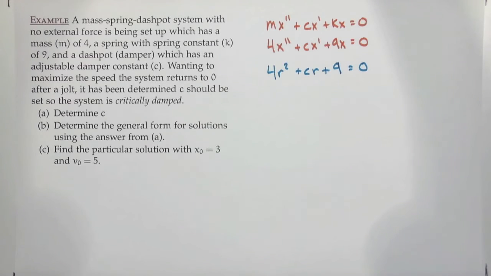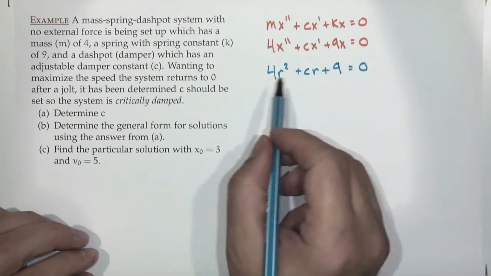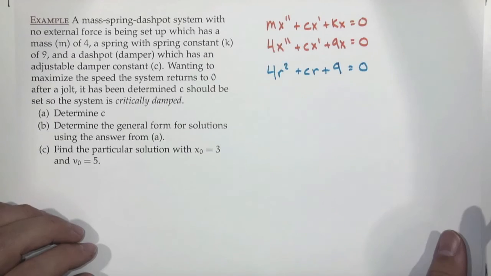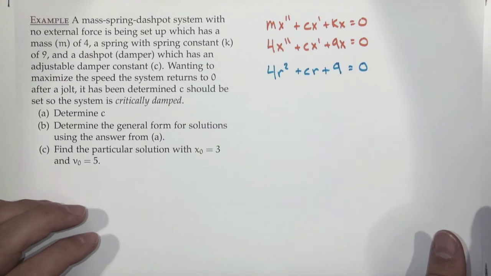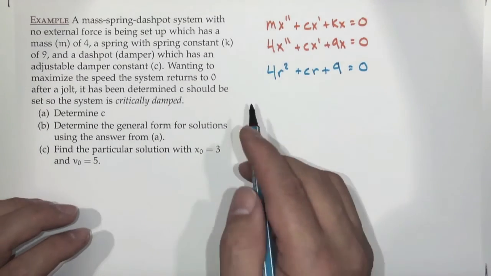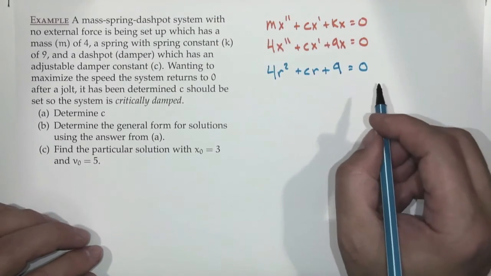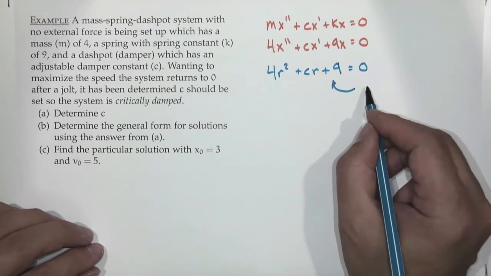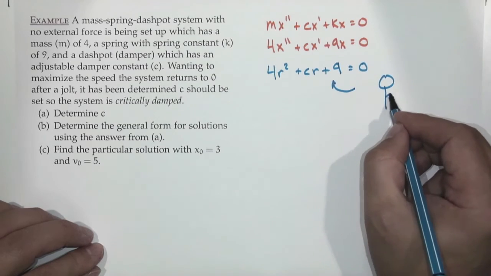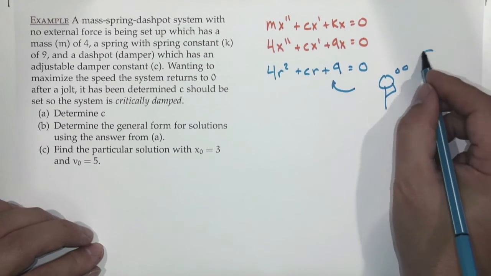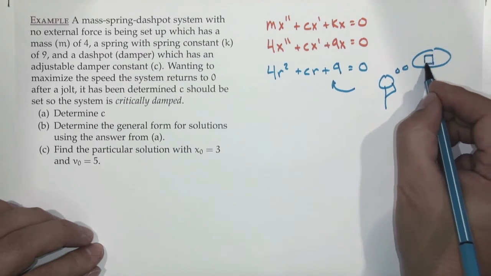We know critical damping means repeated roots. So we know we want this to be a perfect square. Now, we can throw this into the quadratic formula. We can try to complete the square. There's all sorts of things we can do. But we say, aha, our goal, or maybe we should say we're thinking to ourselves, a perfect square.